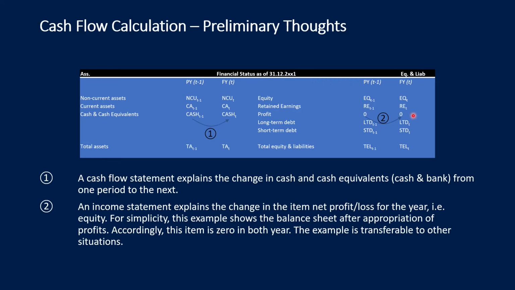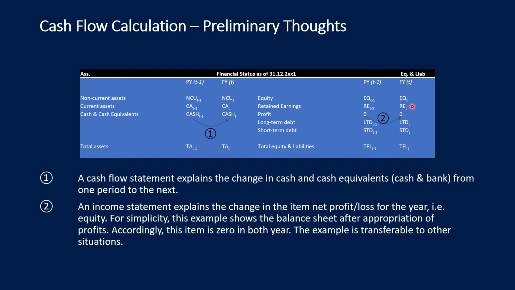That means it is already spent or distributed as a dividend, or it is retained, so we would see it here in the retained earnings. It is not on the profit account anymore, so we see the profit with 0 here and with 0 here.